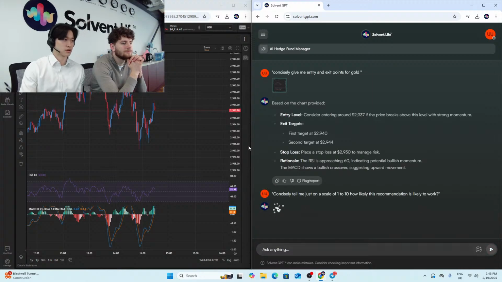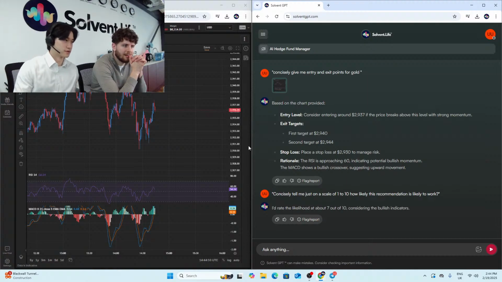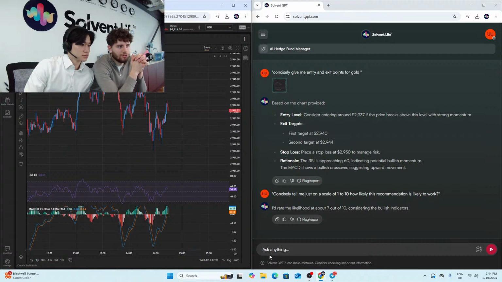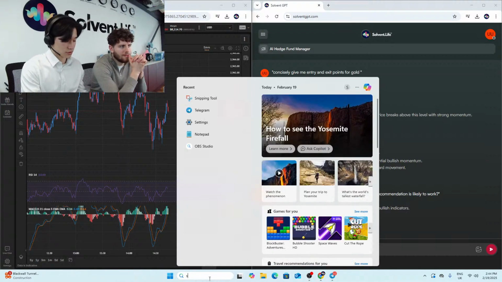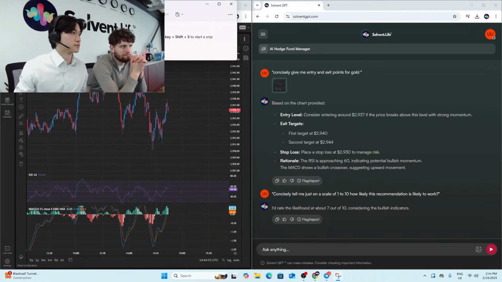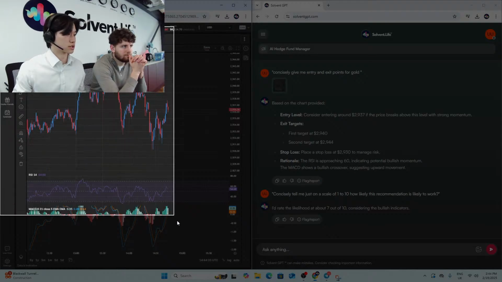Let's ask, how likely is this to work? 7 out of 10. Now that we've seen some more movement after a minute, we'll ask it again.